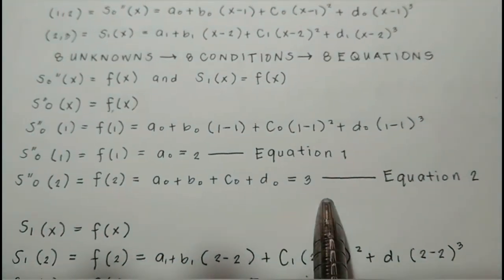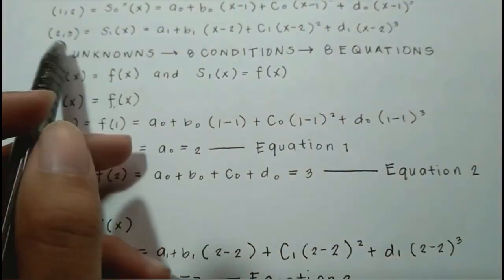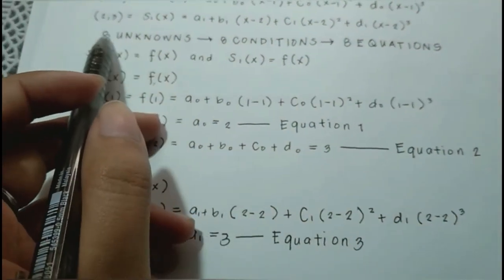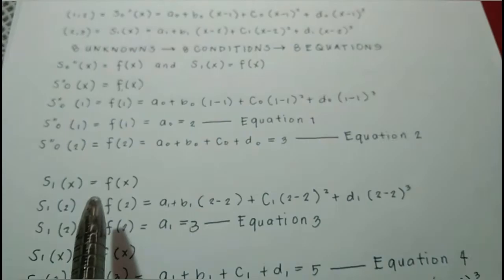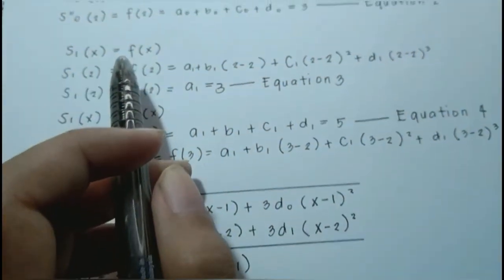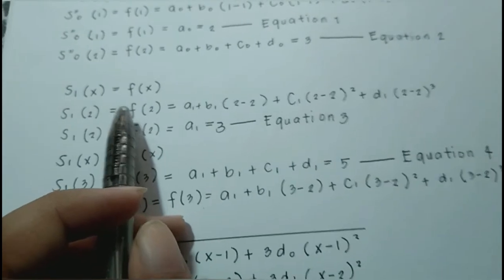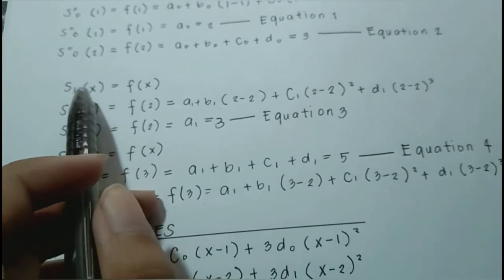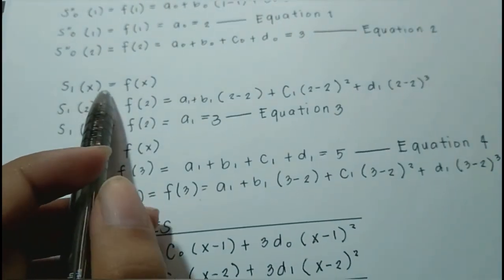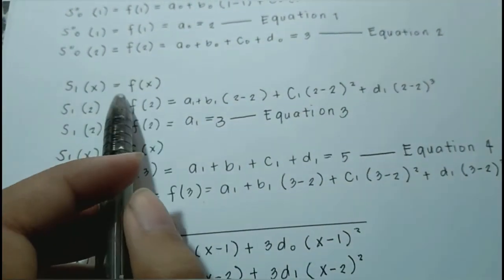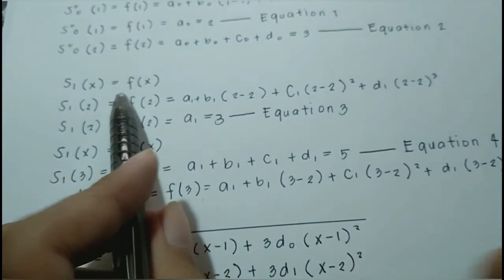So same as the interval, the next interval 2 to 3. So substitute x, which has the value of 2, to the equation. So s sub 1 of x is equal to f of x. So let's proceed to the next interval, which is 2 to 3.